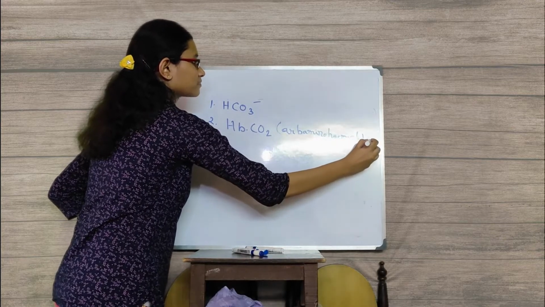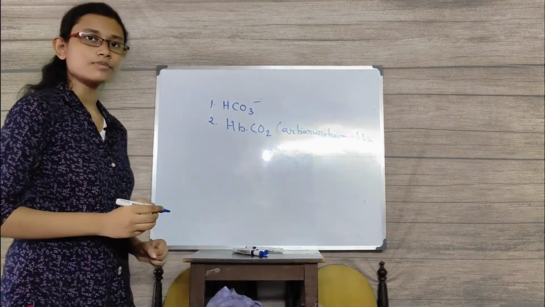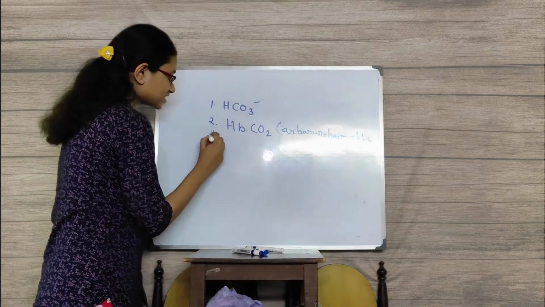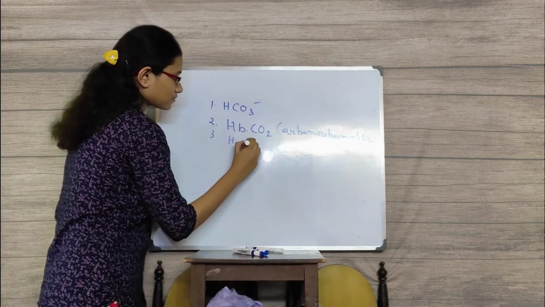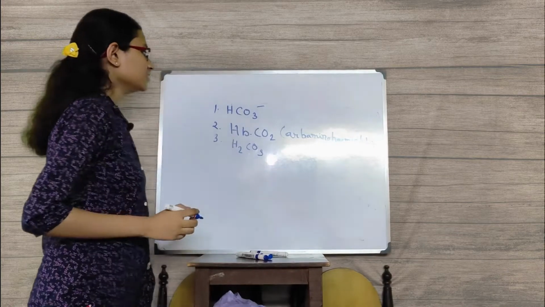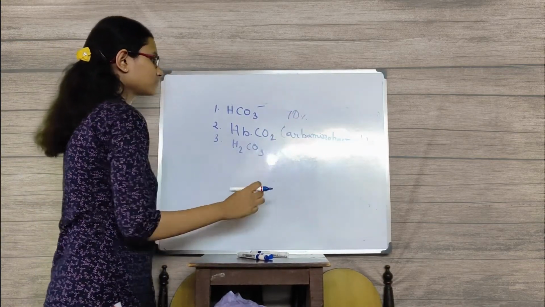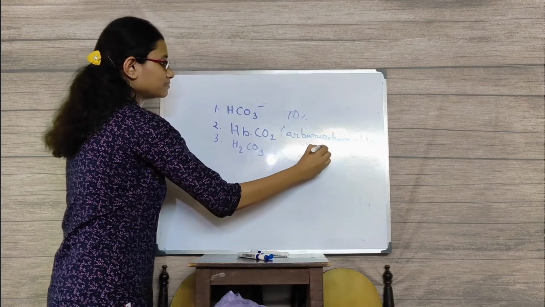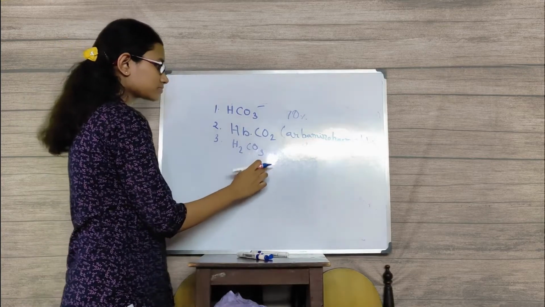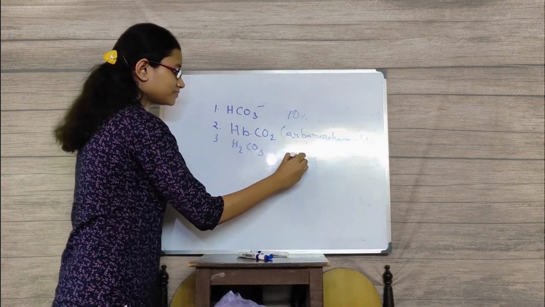And lastly, in the form of carbonic acid. Bicarbonate constitutes almost 70% of the transport, carbaminohemoglobin 25%, and carbonic acid just 5%.